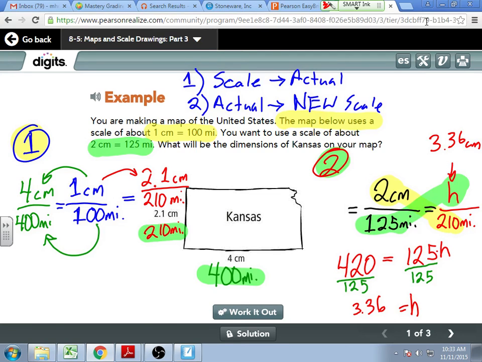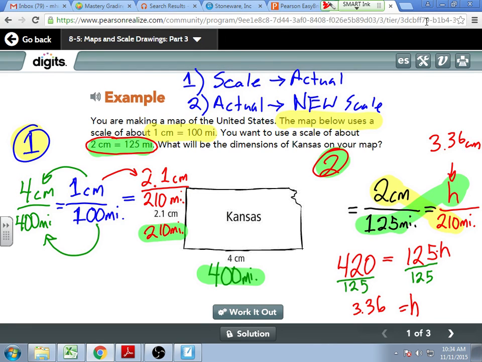So Zach took this scale and found his unit rate. He said 125 divided by 2 gives me the miles per 1 centimeter. So he found that to be 62.5. So for every centimeter he has, it's 62.5 miles.